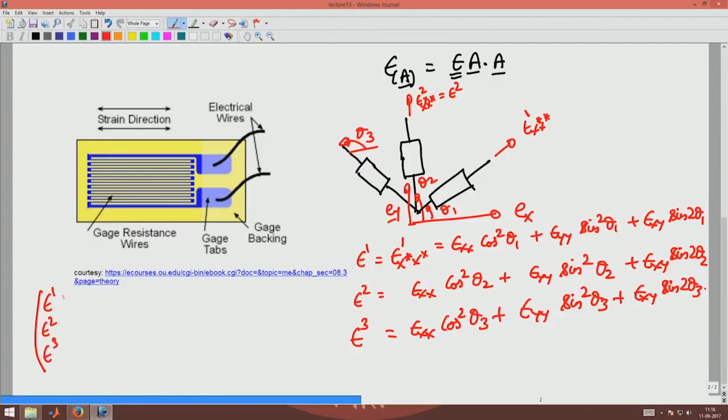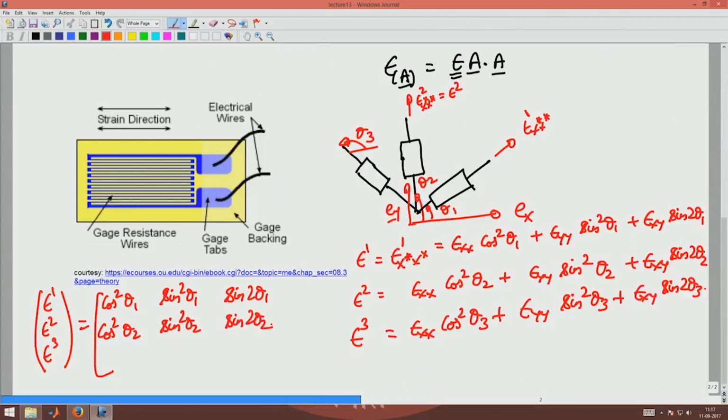epsilon 1, epsilon 2, epsilon 3 is equal to the matrix with rows cos square theta 1, sin square theta 1, sin 2 theta 1; cos square theta 2, sin square theta 2, sin 2 theta 2; cos square theta 3, sin square theta 3, sin 2 theta 3, times epsilon xx, epsilon yy, epsilon xy.